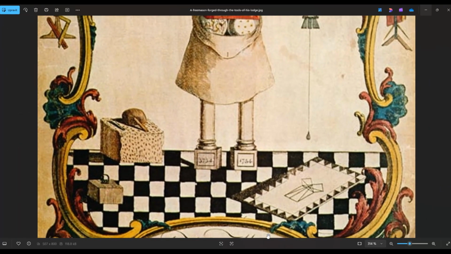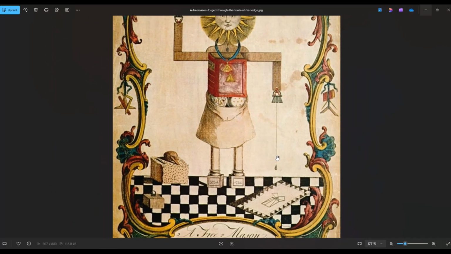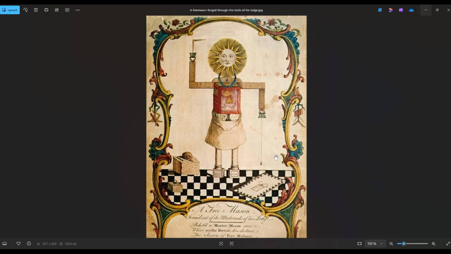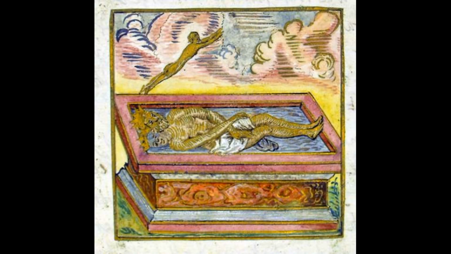The Earth stands on a chessboard, and the chessboard is most likely a symbol of the virtual world. 1s and 0s, pixels, whatever you want. And here we see the Earth's pool.